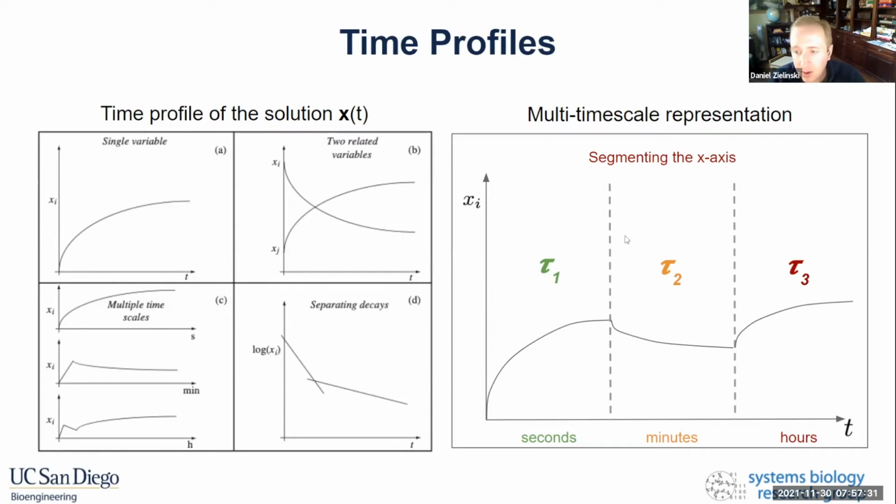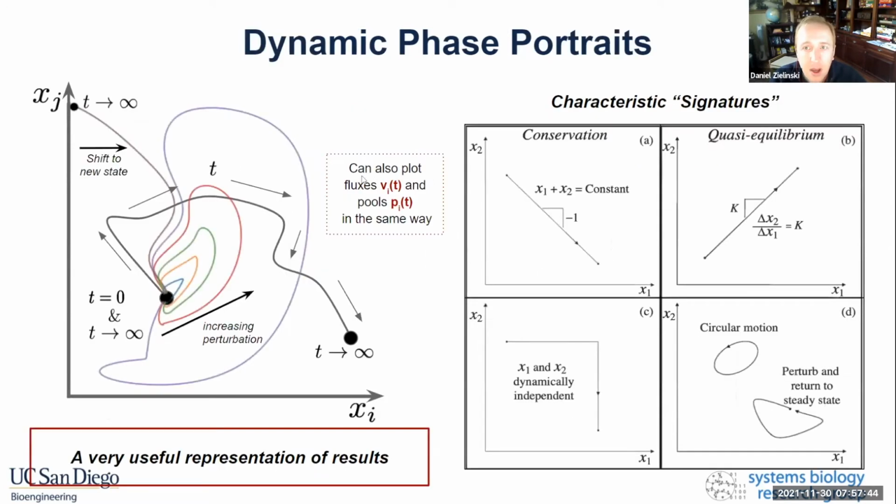You can also do them all on the same plot, showing 3 different time scales all on the same thing. This inherently happens whenever you do a log scale. These are the dynamic phase portraits that I mentioned, where you have an initial time, and then you can just watch it evolve to its infinite time, and you can get these kinds of relationships that you derive from it.